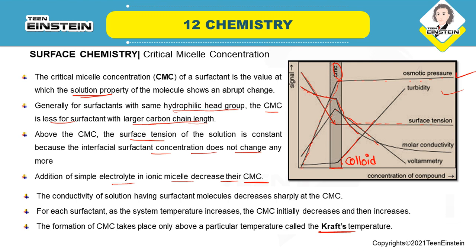Fine. And for each surfactant, as the system temperature increases, CMC initially decreases and then it increases. Fine. So remember all these points. Initially there is a decrease and then it will increase. So this is the relationship with temperature.